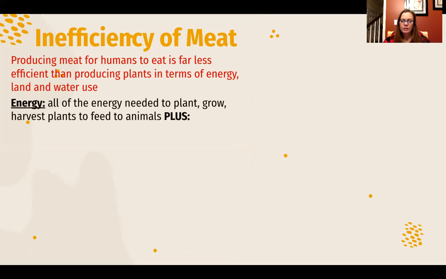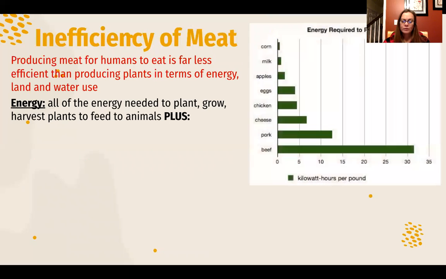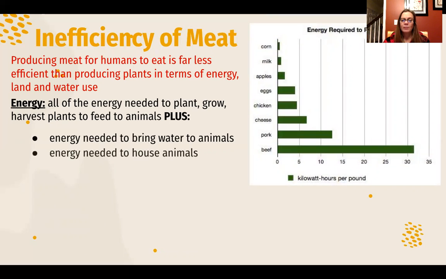So when we talk about energy use, we're talking about the energy needed to plant and grow and harvest plants to feed the animals. Plus, we're talking about the energy that's needed to bring water to the animals, plus the energy that's needed in the housing of the animals, plus the energy that's used in slaughtering and packaging the animals. So there's a lot of energy that's required to produce 1 pound of any meat.